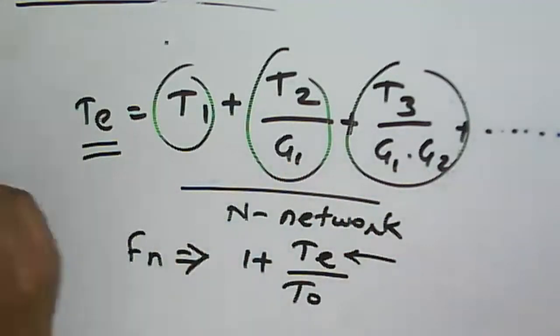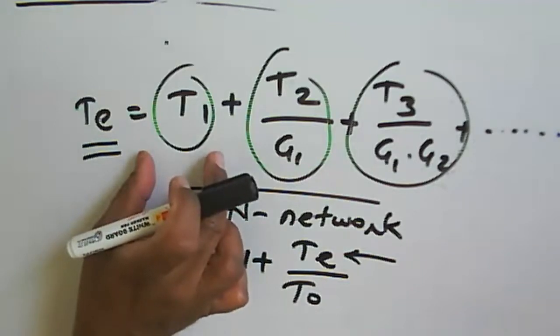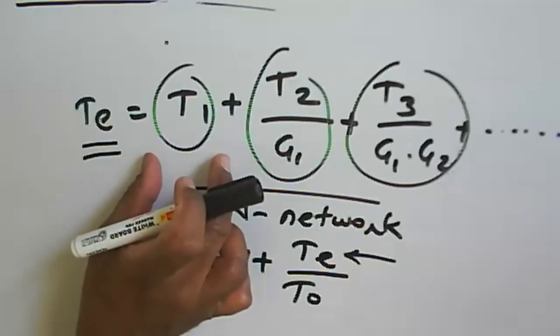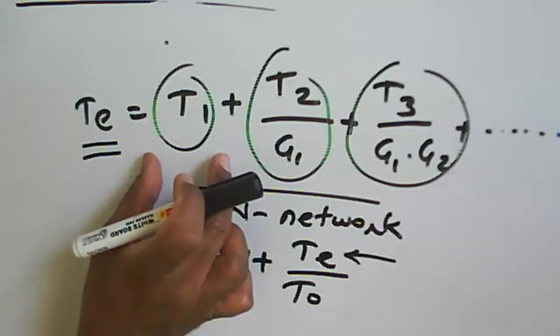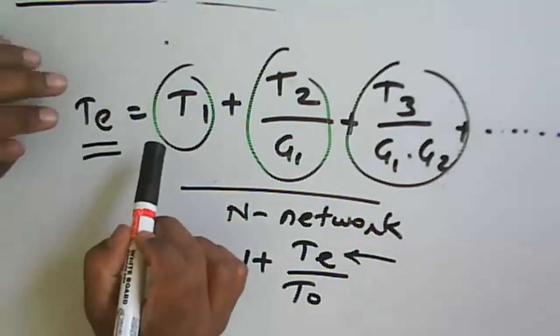So the first component straight away gives you the noise temperature generated by this device, and that will be the effective temperature.